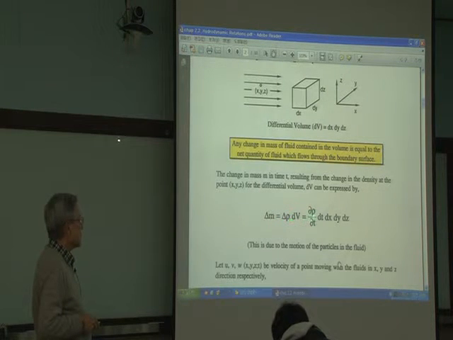So it's a time variation, so you can say it's equal to del rho over del t times dt, then the differential volume dx, dy, dz, okay?